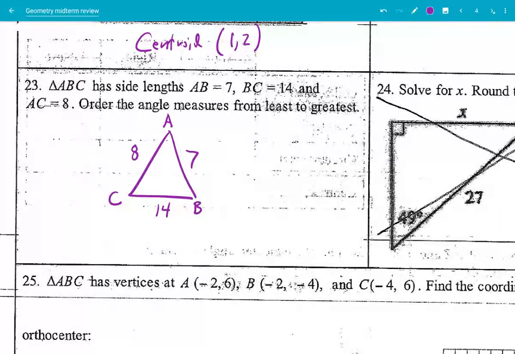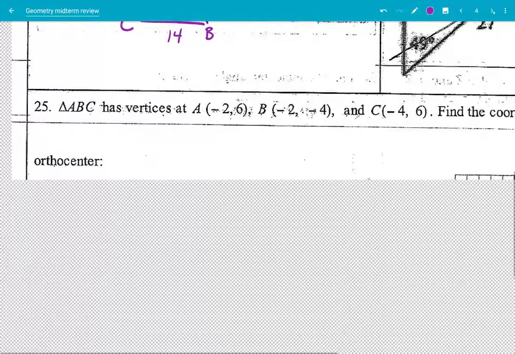Well, remember, the largest angle is across the longest side, so A is the biggest, and that would make C the smallest. So B is in the middle. Least to greatest. There we go. C is less than B, which is less than A.